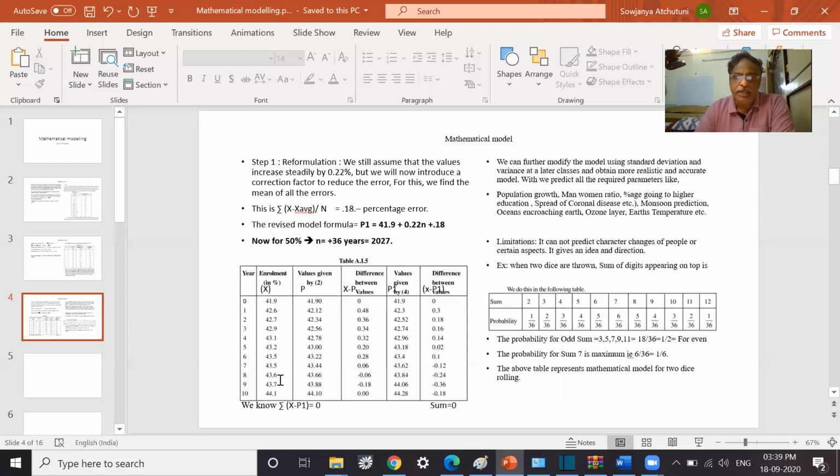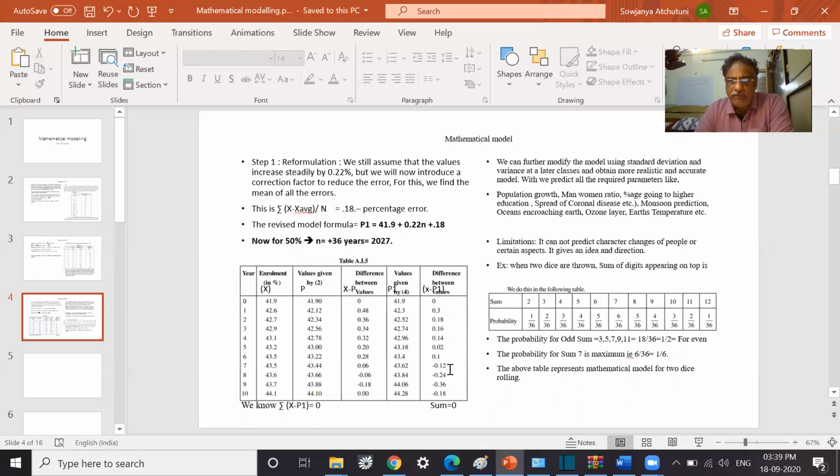Now I am deploying it again. In this equation I am putting the P1 value. What is the P1 value? 41.9 plus 0.22 into 1 plus 0.18. When this is the P1 value and this is my x value, when I do x minus P1, these are my differences.